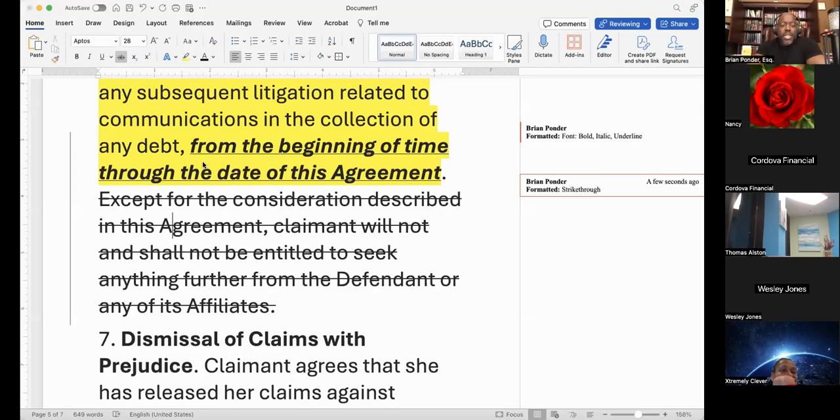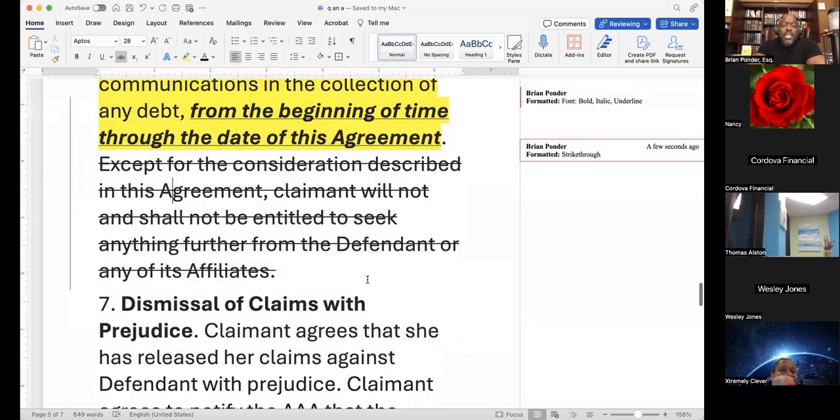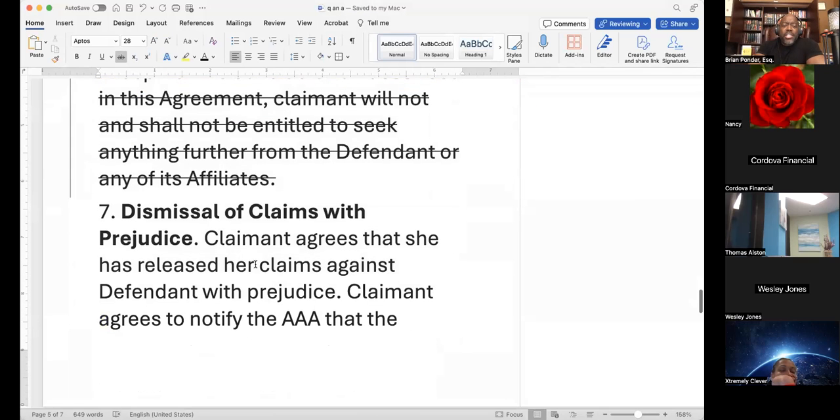Okay, so that has to go. Dismissal of claims. Claimant agrees that she has released. Well, it can be "has." It's not "has."